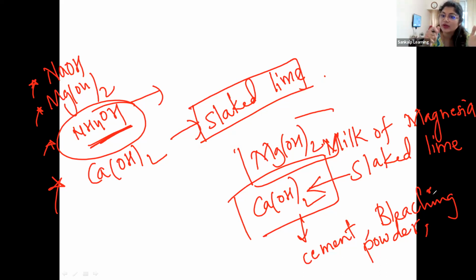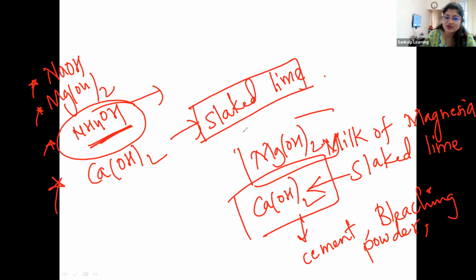To clean that floor, bleaching powder is used. It will clean everything. So bleaching powder is used mostly during the rainy season to clean the floors also.